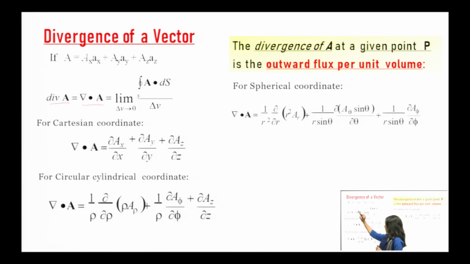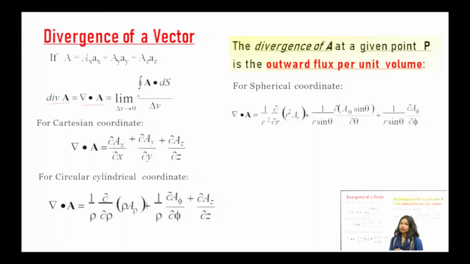This operator is also known as the vector differential operator, and this will be the total outward flux divided by total volume, or we can say the total outward flux per unit volume such that volume tends to 0 is known as the divergence of that field.